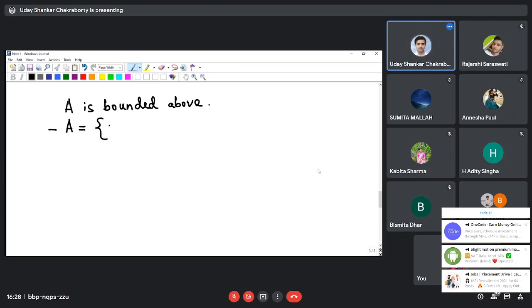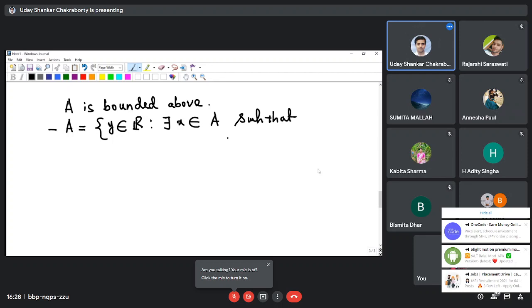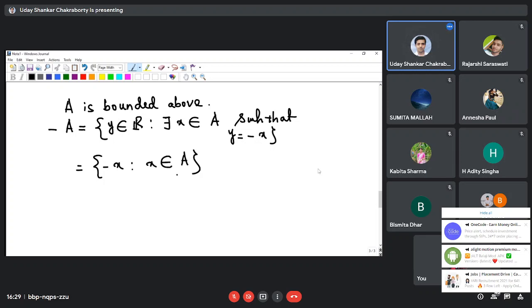Minus A means the set of all y belonging to R such that there exists some x in A such that y equals minus x. The meaning is it contains all minus x such that x belongs to A. This is the set. What can I say about this set?